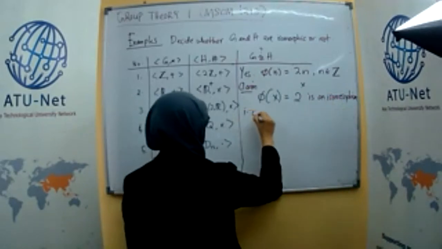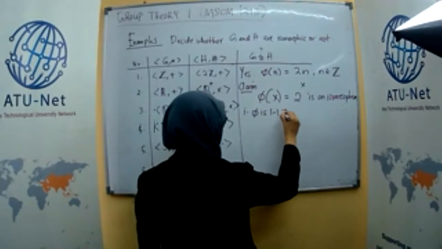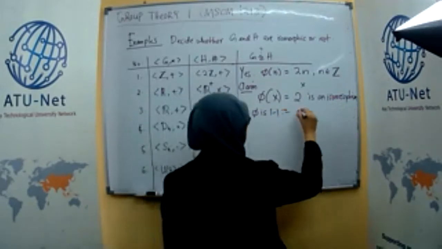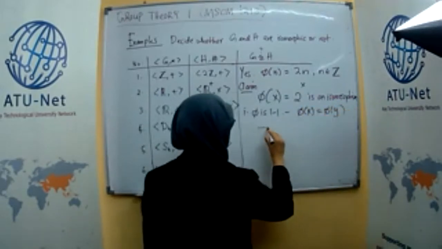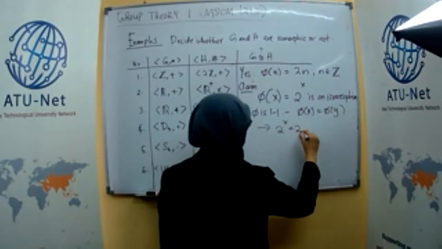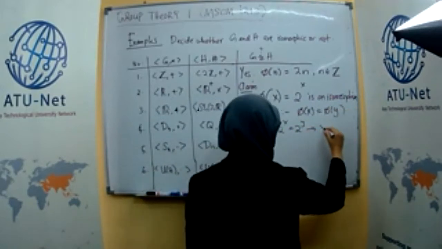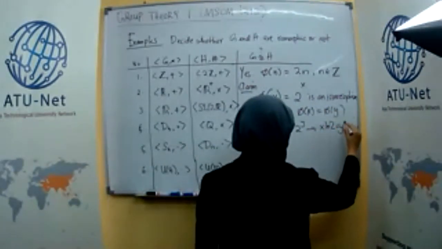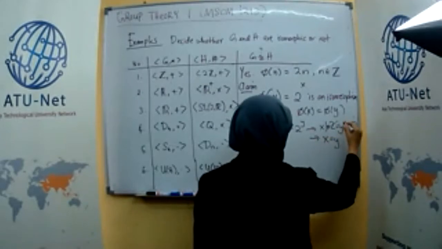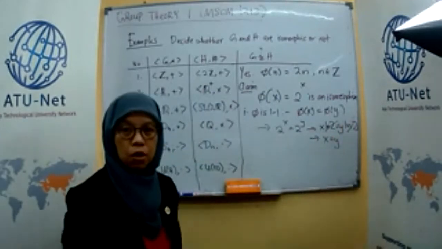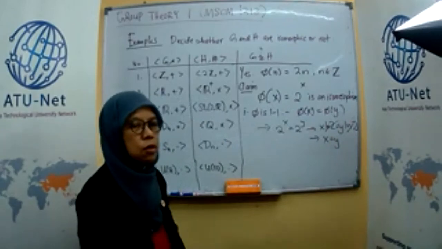First, phi is one-to-one. Phi x equals phi y implies 2 to the x equals 2 to the y, implies x ln 2 equals y ln 2, implies x equals y. We just divide by ln 2, natural log.